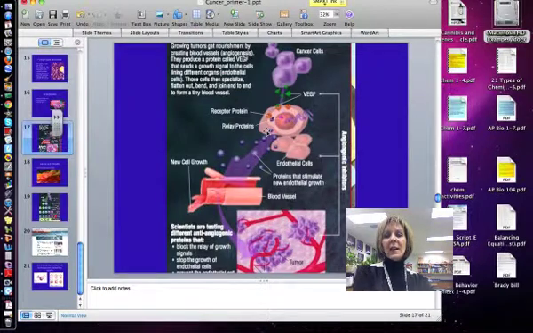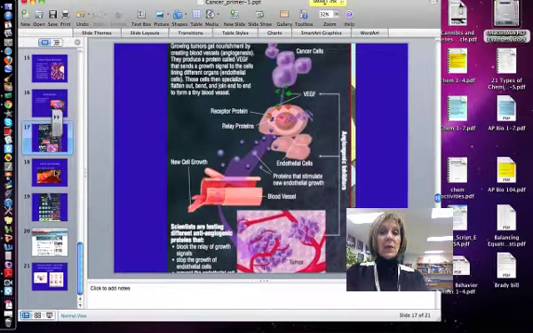And so scientists are testing different anti-angiogenic proteins that are either going to block the relay of these VEGF growth factors or stop the growth of endothelial cells to keep the cancer cells from making their own supply chain.